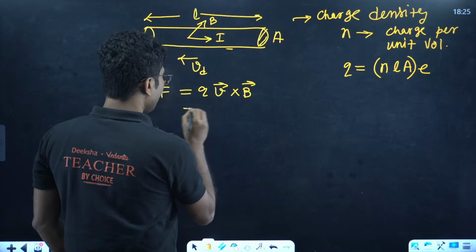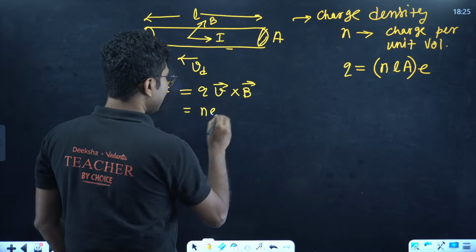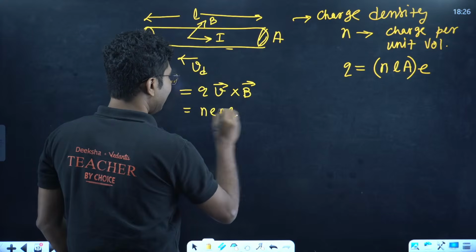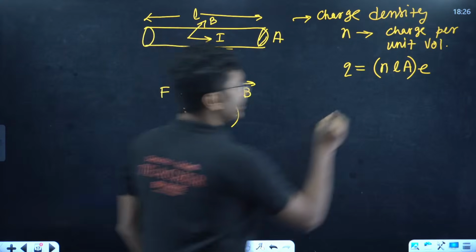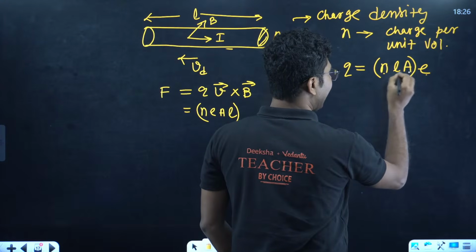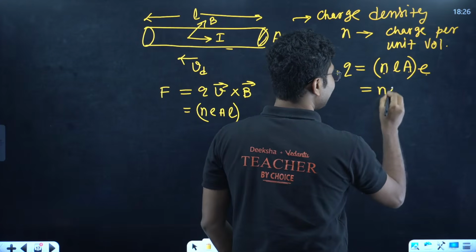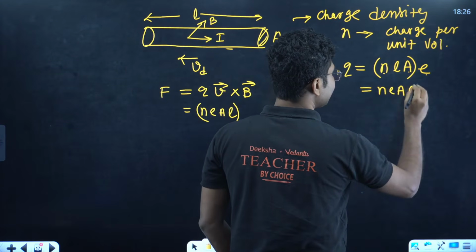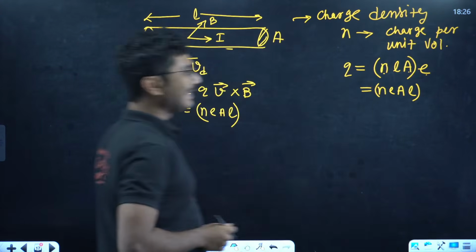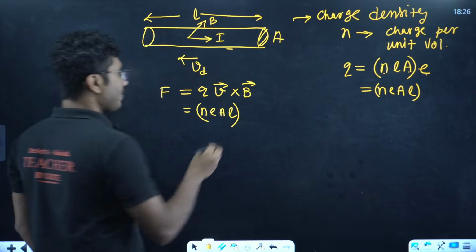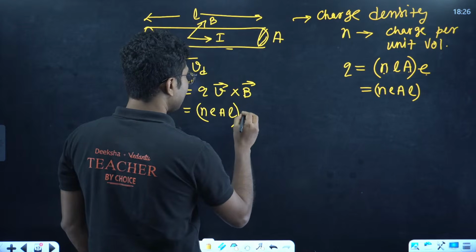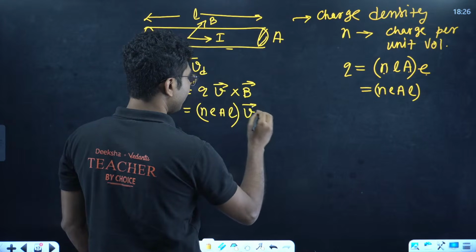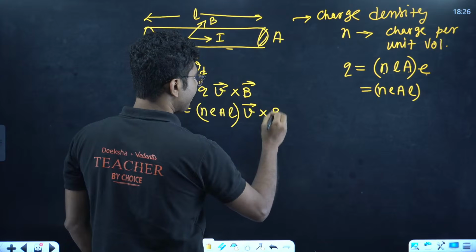So N E A L is the charge, right? We are organizing it because we will need it like this very soon. So N E A L, and that becomes into V D, drift velocity, into B.